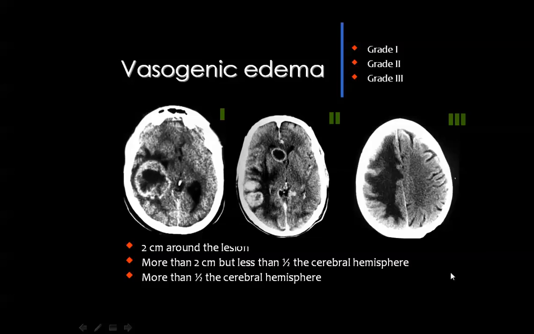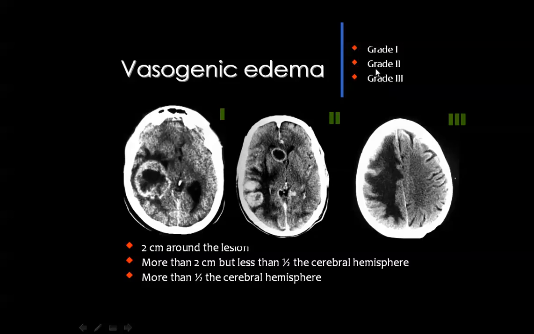And the vasogenic edema is also further subdivided into grades. The grade 1 means that there is a finger-like hypodensity measuring less than 2 cm around the lesion.